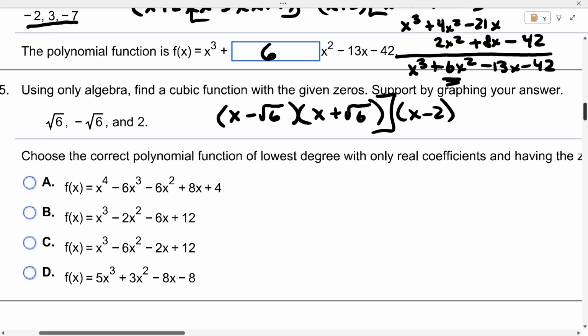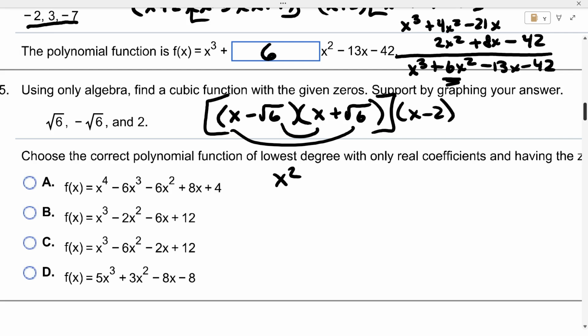Obviously, I'm going to FOIL these two together first since they're both square roots of 6. x times x is x squared. Outers is x square root of 6. Inners is negative x square root of 6. What do the outers and inners do? Cancel. These are what you call conjugate pairs.